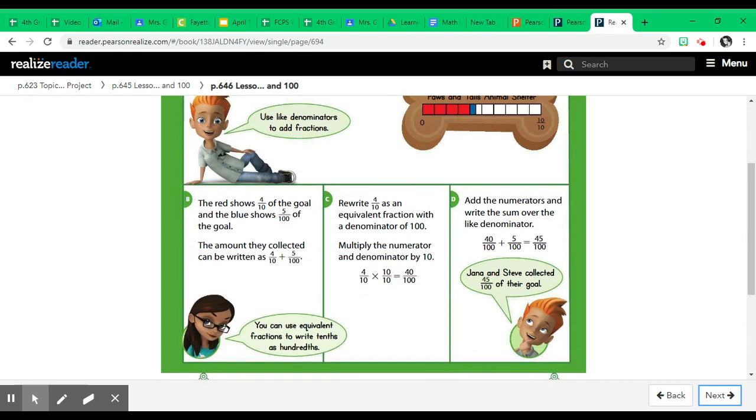But it gives you step by step how you could solve the problem. They're converting their tenths into an equivalent fraction with hundredths, just like we did. 4 times 10 and 10 times 10 gives you 40 hundredths, and then adding them.